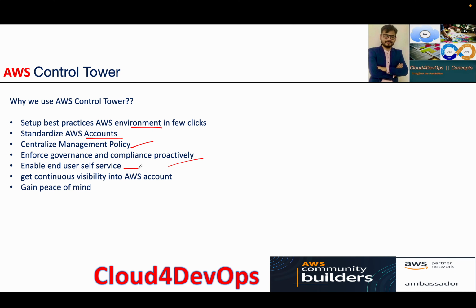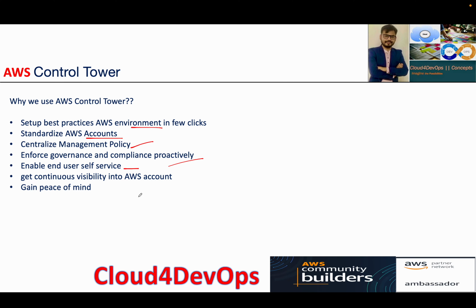Enable end user self service, right? For example, as a Control Tower admin, we can give access to certain leads of your group, like the development lead, staging lead, QA lead, or the production lead.